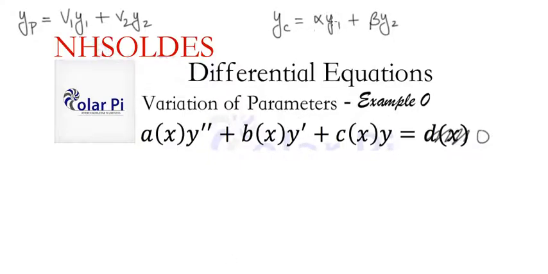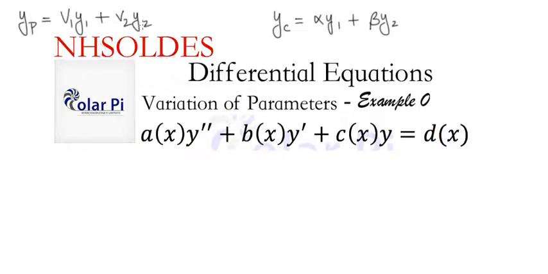That is, y1 is a solution to the homogeneous equation. And likewise y2. If I plug in y2, y2 prime, and y2 double prime, then I'd get 0 also. Remember this, very important: they're the solutions to the homogeneous equation.